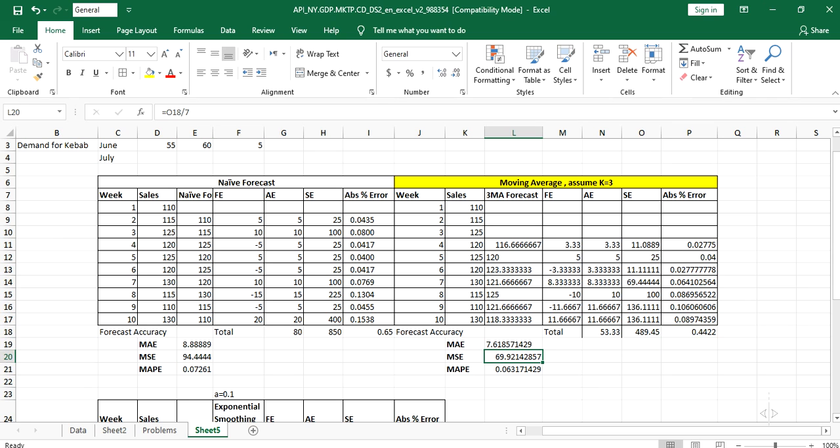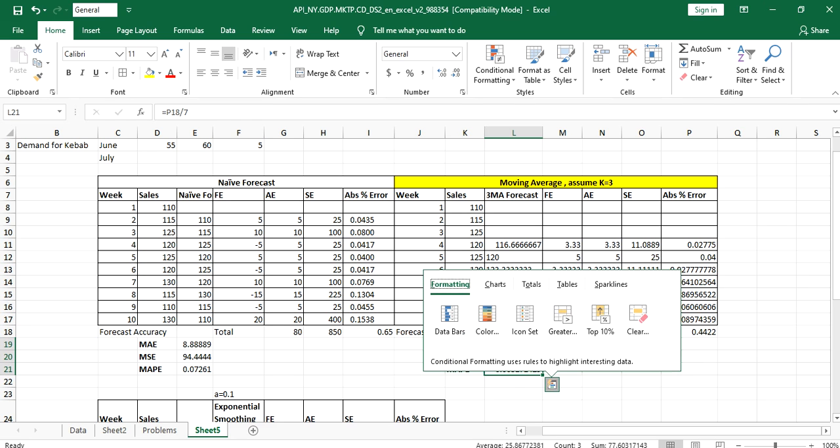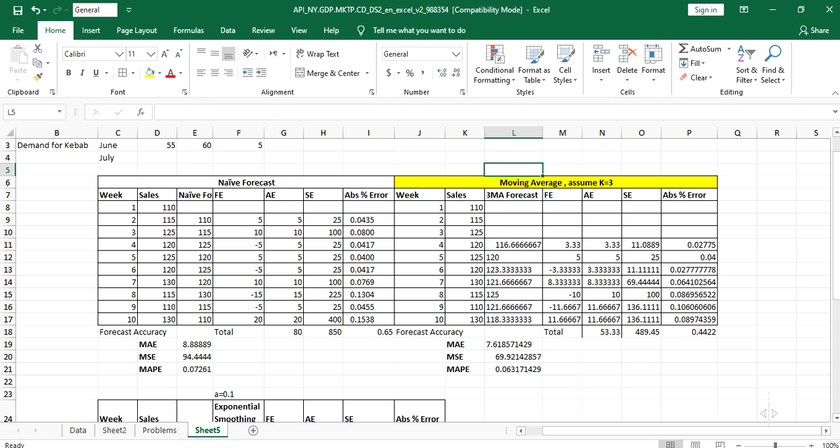The mean of absolute percentage errors is also smaller. So the moving average method of forecasting is a better forecasting method than the simple naive one. Okay, that's how we conclude.